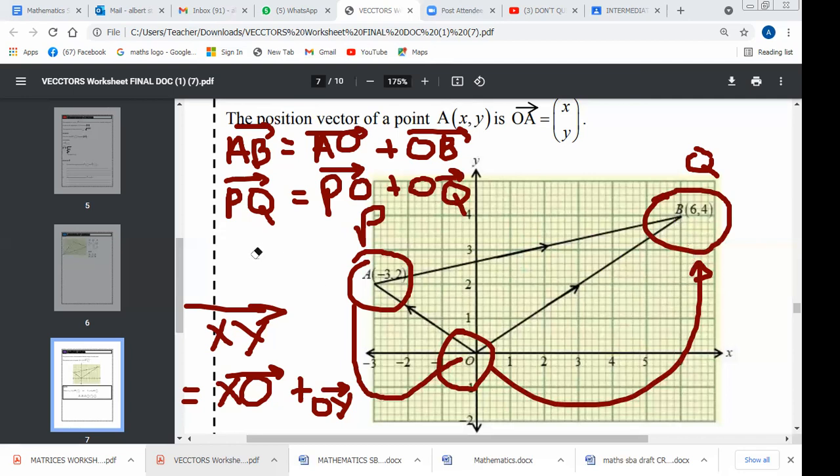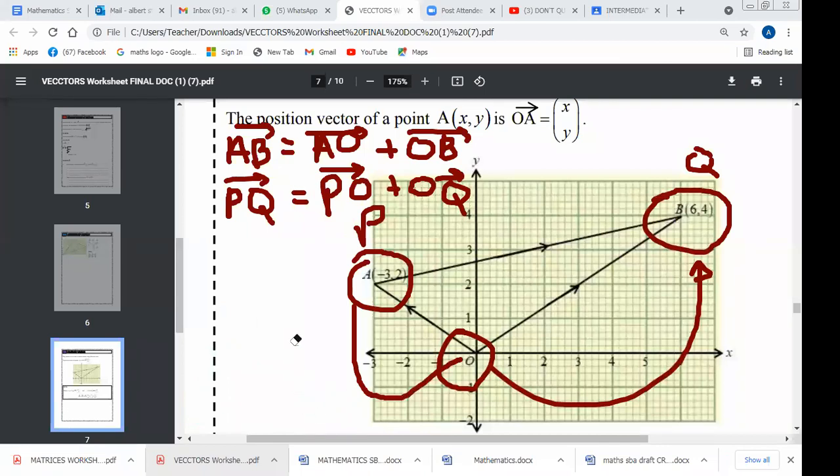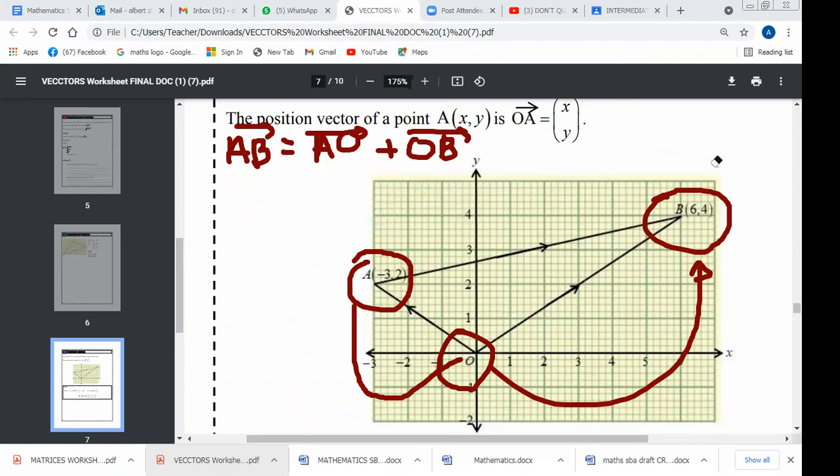All right. But take off this for me, please. I don't want it to be too chunky. So this represents the vector equation. You mean position vector equation, sir? Yeah, same thing.